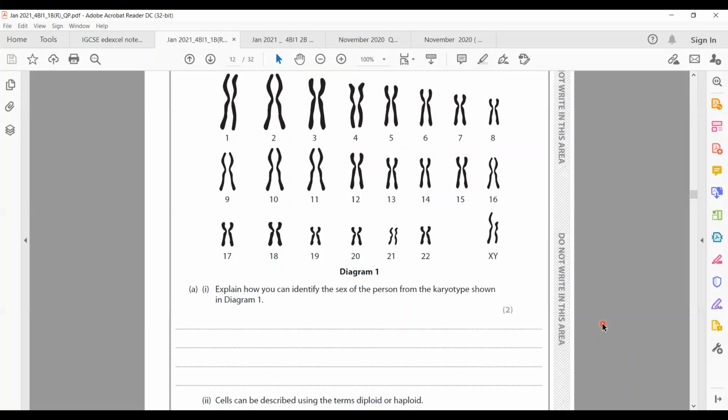The number of chromosomes. The difference between haploid and diploid is the number of chromosomes.